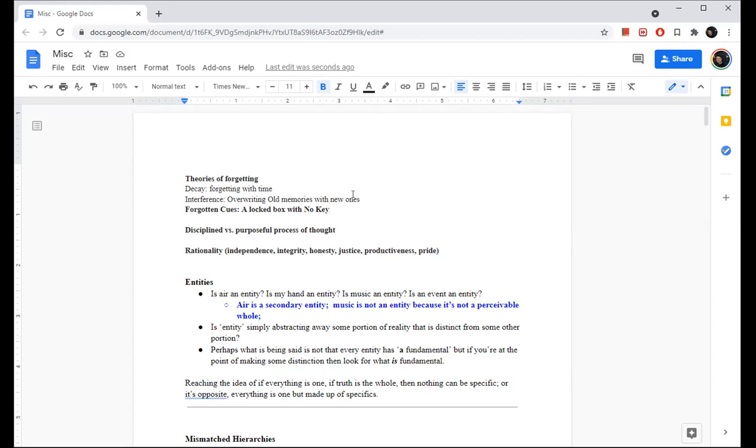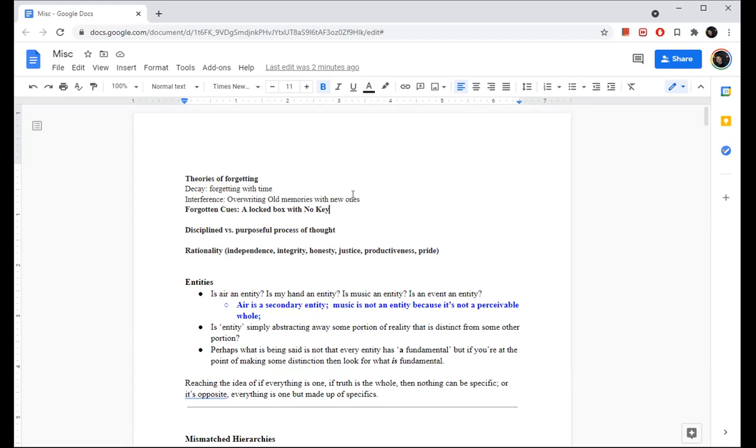Forgotten cues, well, I'll explain it this way. There are cues to help you remember things. I would almost call it second order remembering, because you're not remembering the thing, you're remembering the thing that reminds you of it.